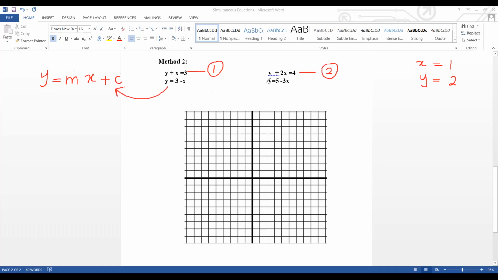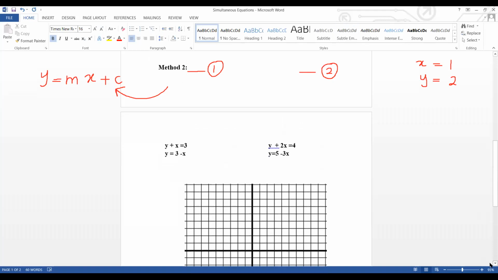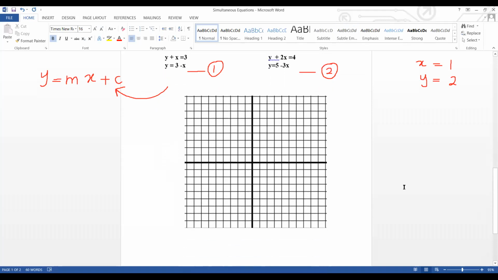So the other one also, I have to write y equals, I have to take it, right? This is not the number, so I have to write it.